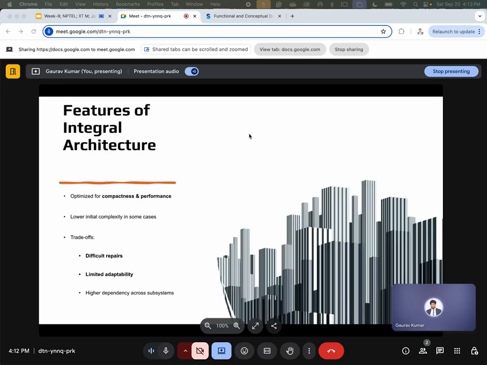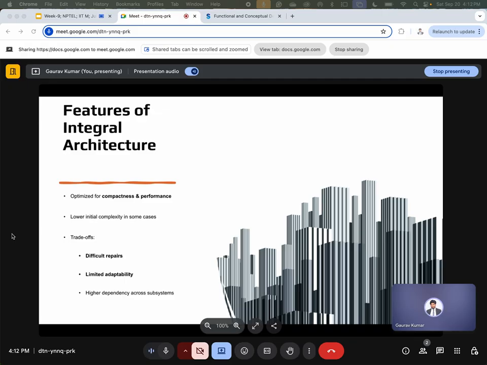Next is future of integral architecture. Integral architecture focuses on maximizing compactness and performance by tightly linking multiple functions into fewer components. This design strategy often leads to products that are optimized for efficiency in their specific use context.